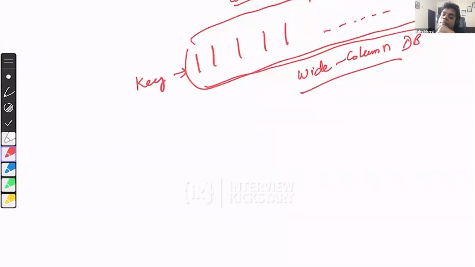This concept, Sankalp, is used by Cassandra also. If you go through the Cassandra architecture, this will be super clear for you.